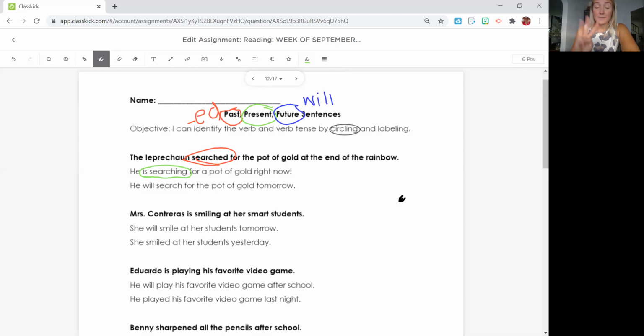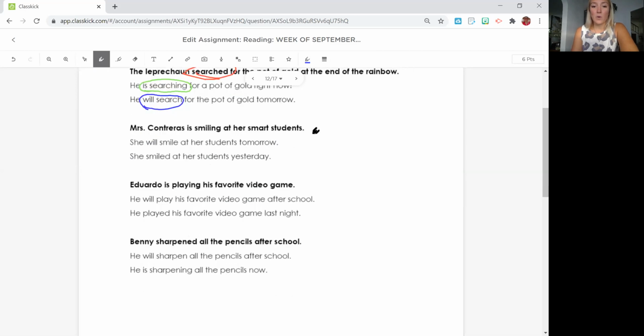The third one, he will search for the pot of gold tomorrow. If it's happening tomorrow, that will be in the future. I also see that linking verb will. For the next three, we'll do the same thing. It will be out of 9 points total. 1 point for each sentence in coloring it correctly.